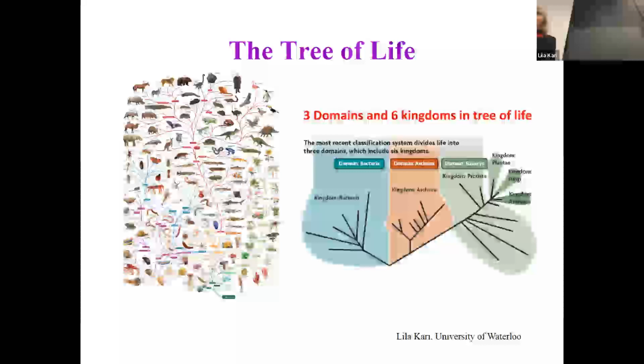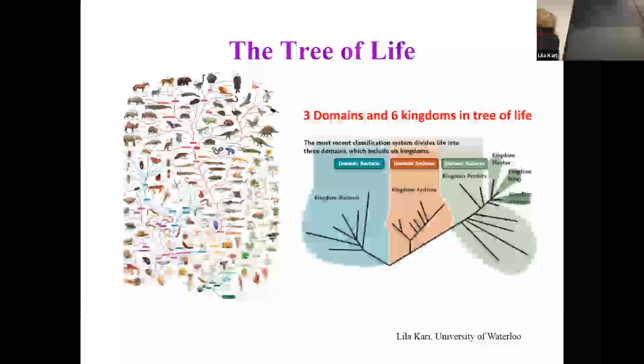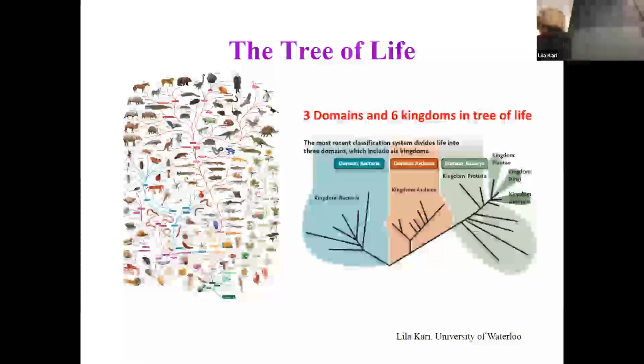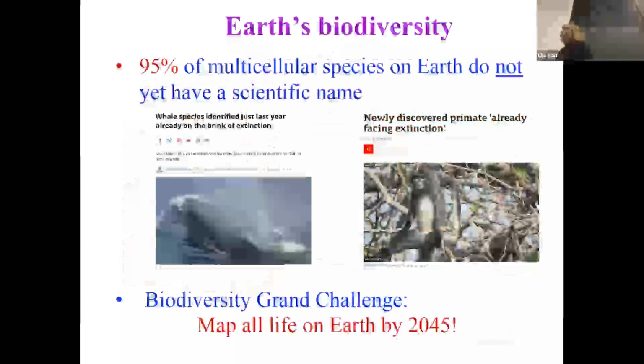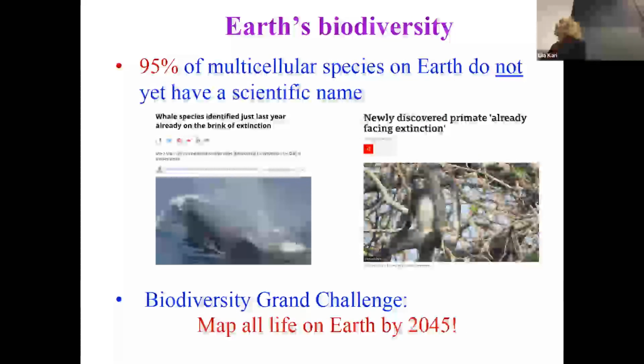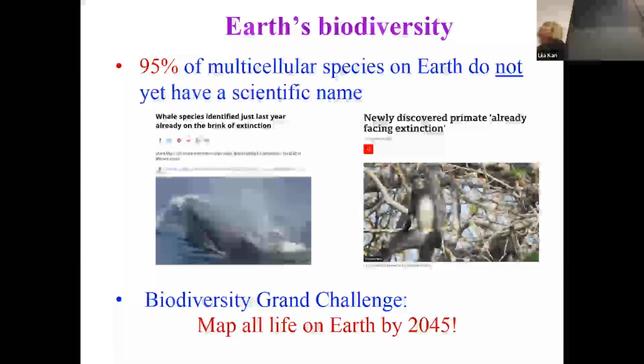So we are going to propose some methods that allow us to classify an unknown organism into one of these, to place it somewhere on its own branch on the tree of life. Okay, so why is this more relevant today? Well, the study of Earth's biodiversity has become especially relevant today.